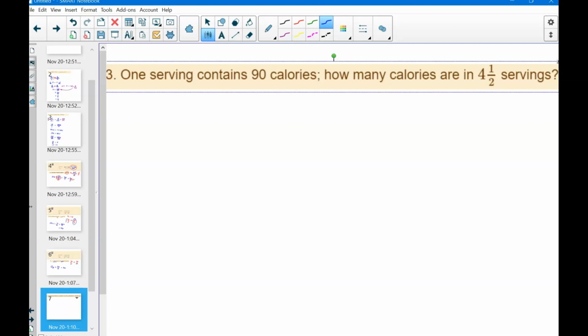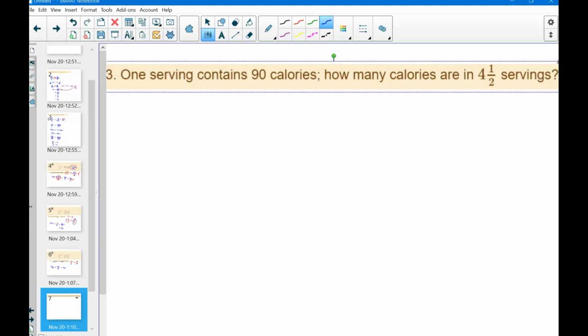Anyone? Do you divide or multiply? Now you're like, no, maybe I'll add, subtract. See, that's where it gets tricky, right?